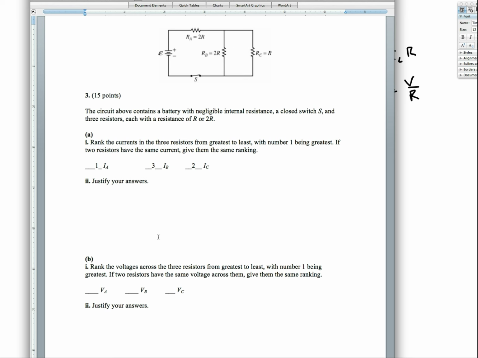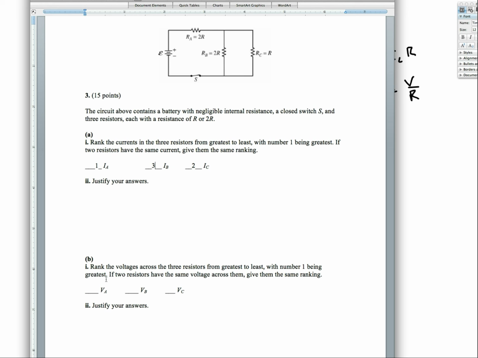Now let's talk about the voltages across the three resistors from greatest to least. Here we're starting out with our initial voltage, and so this resistor is going to have the greatest amount of voltage across it. And then finally, these two will have equal voltage, but less than our initial voltage.